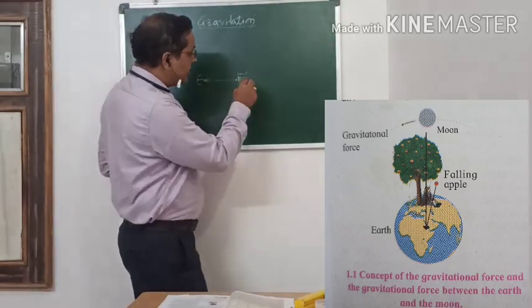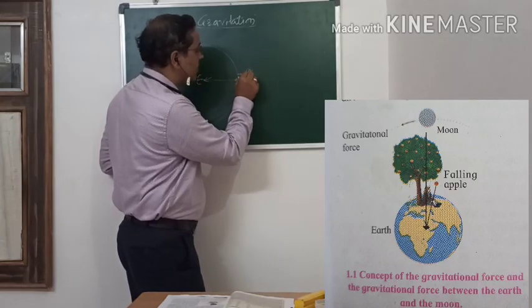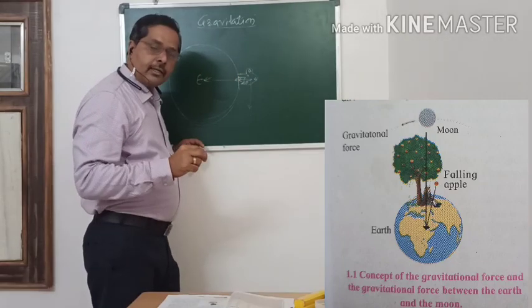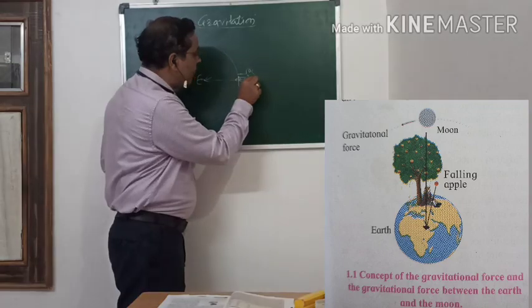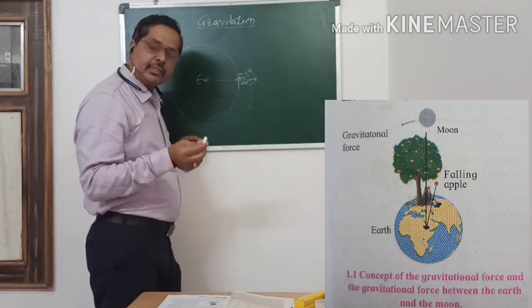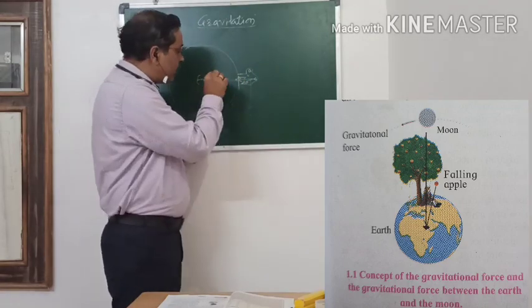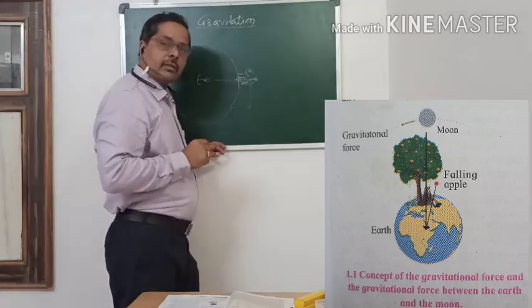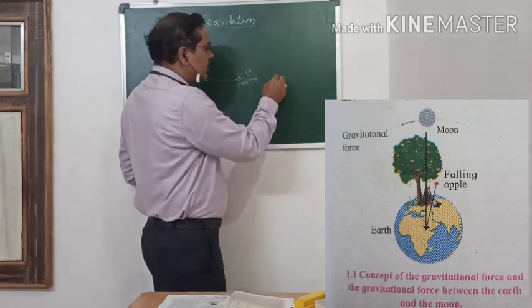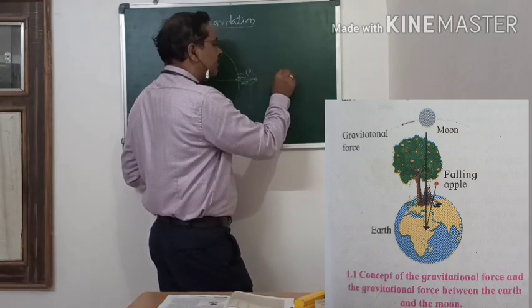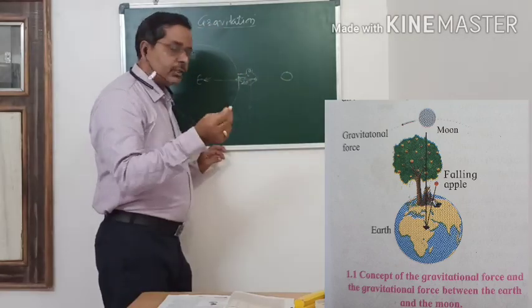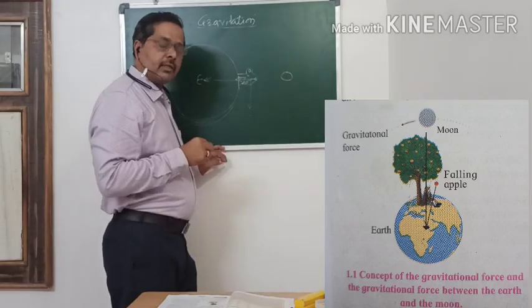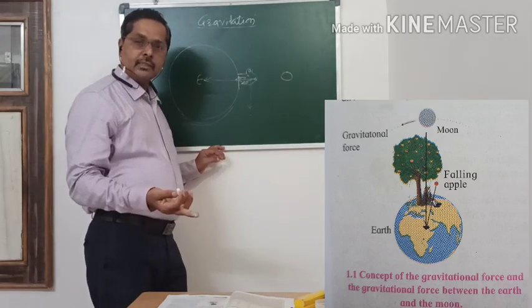Then he thought there are so many apples present on this tree, and every apple falls in this direction. That means definitely the force of attraction is on every apple. Then suppose there is any object present here, does the force act on that also? Definitely yes.